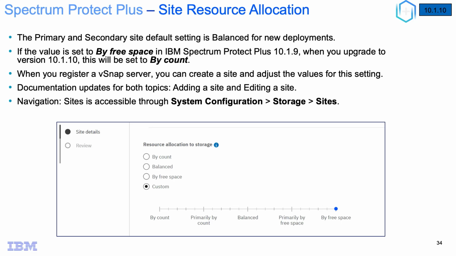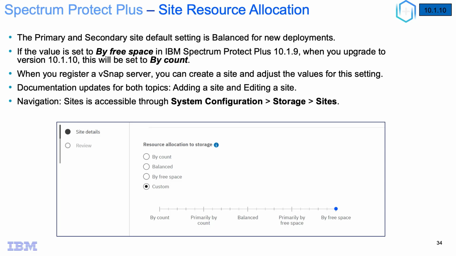Now, by default, you're going to get balanced for the two sites that come with Spectrum Protect Plus, so primary and secondary. Those are the two default sites that you get with the product. If, however, you upgraded from version 10.1.9, those settings are going to be slightly different.